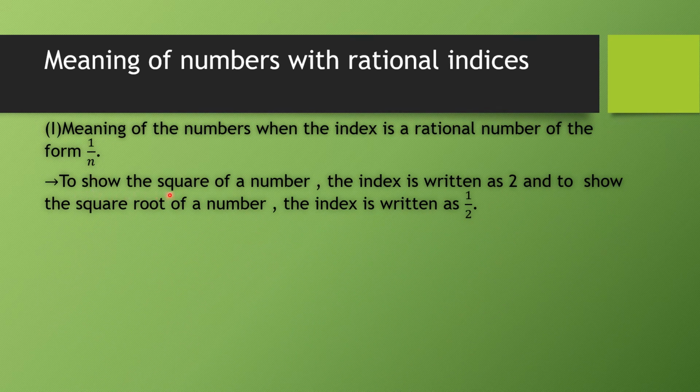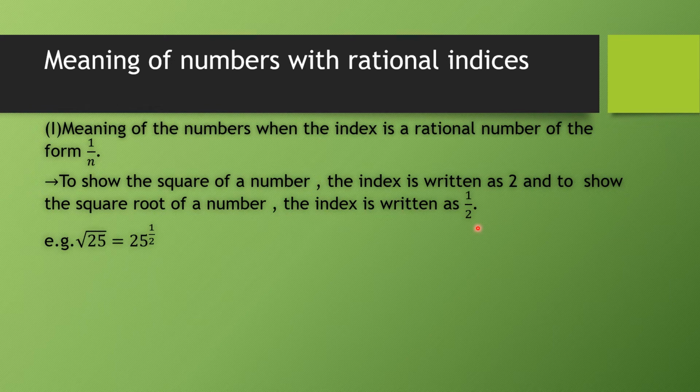Now, to show the square of a number, the index is written as 2. That is, if you want to write 3 square, you take the index as 2. And to show the square root of a number, the index is written as 1 upon 2.